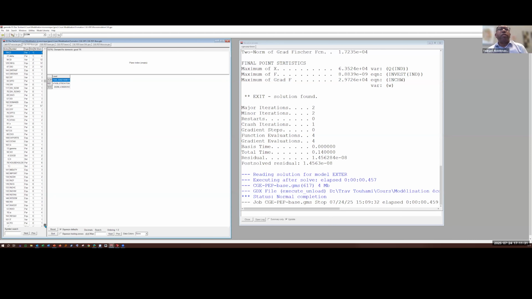This is the import, and we can compare with the level before, the reference situation. This is a parameter, and this is the variable after that, and we can export to Excel and other formats, just to give you the situation when we are using the GDX approach.